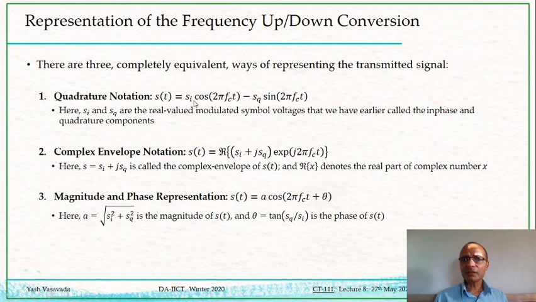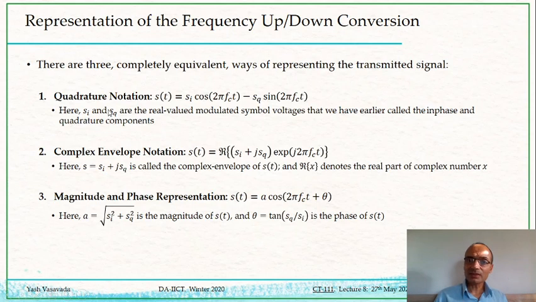And this is where our in-phase and quadrature components that we have earlier studied for all these different modulation schemes come into effect. So in the quadrature notation, the transmitted signal is SI times cosine of the carrier minus SQ times sine of the carrier. Okay. What are SI and SQ? These are the coordinates of our constellation diagrams.